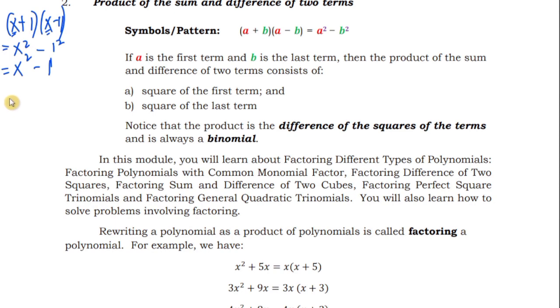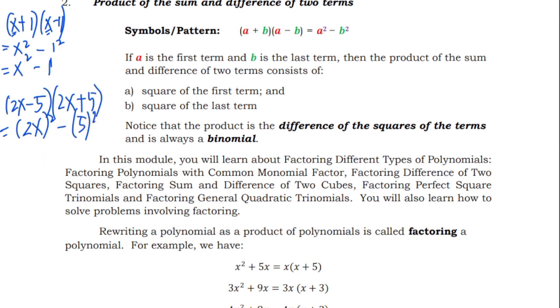Another example, we have 2x minus 5 times 2x plus 5. Minus plus or plus minus are still the same. So we have here the square of the first, which is 2x, minus the square of the second, which is 5.